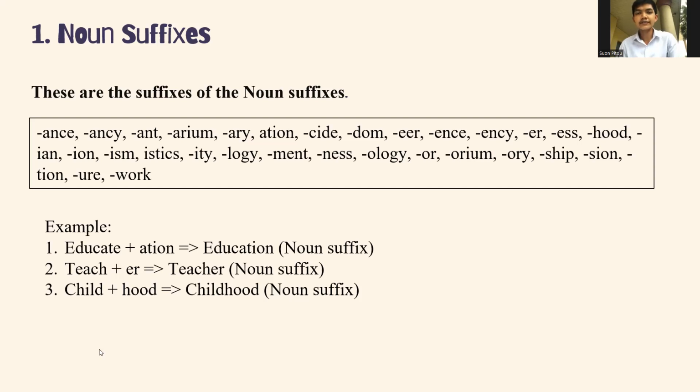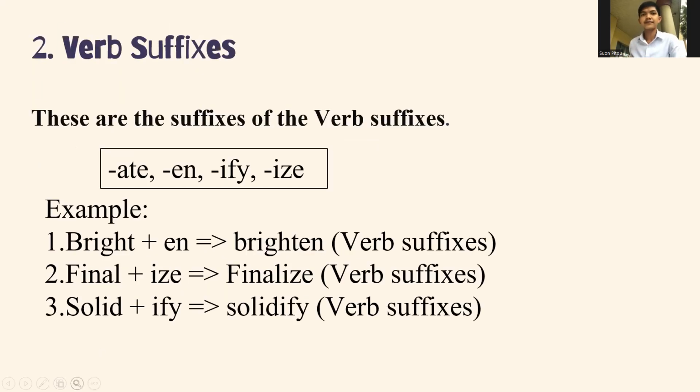Now let's move to the next slide. Here we talk about verb suffixes. In the verb suffixes, there are only 4 suffixes that are usually used with verbs, like ATE, EN, IFY, and IZE.